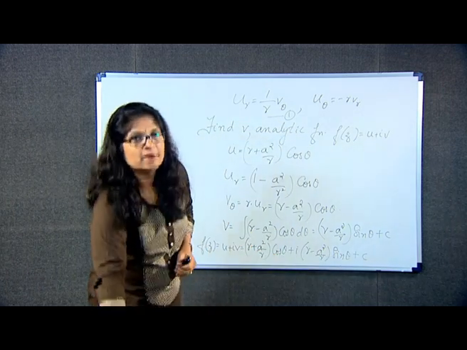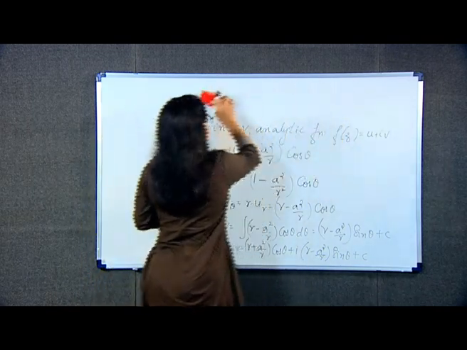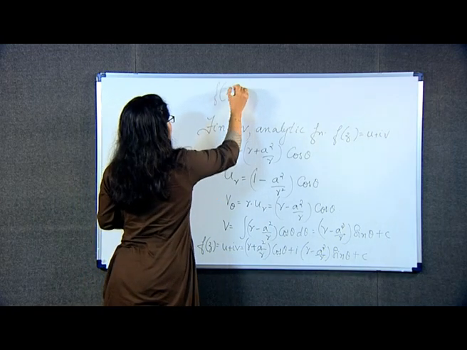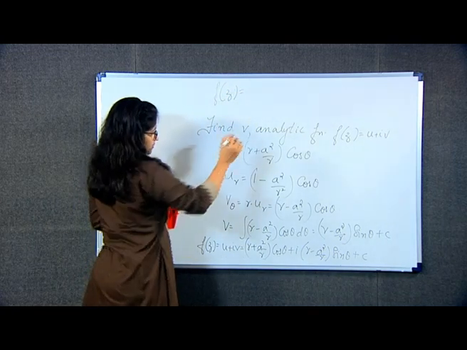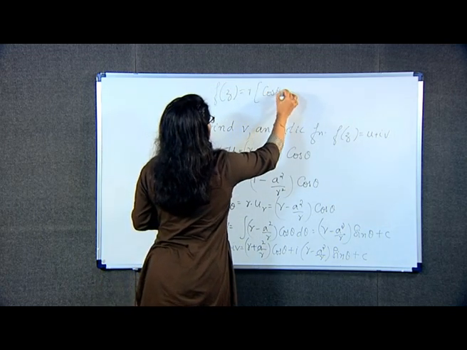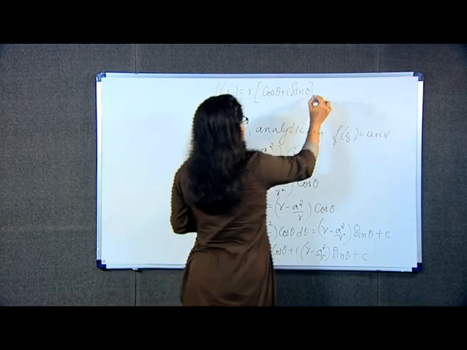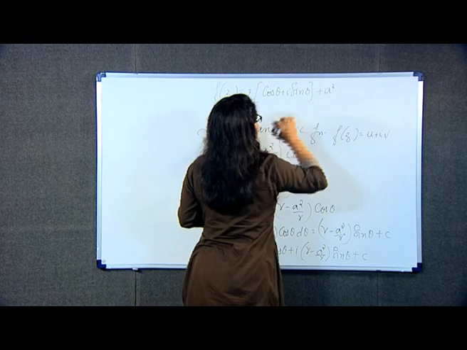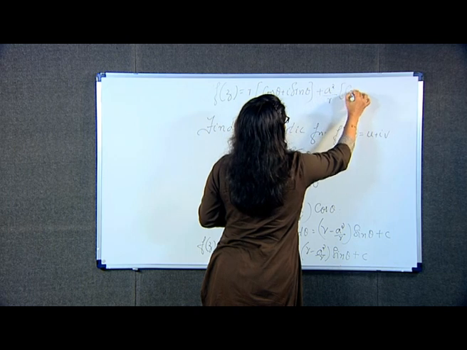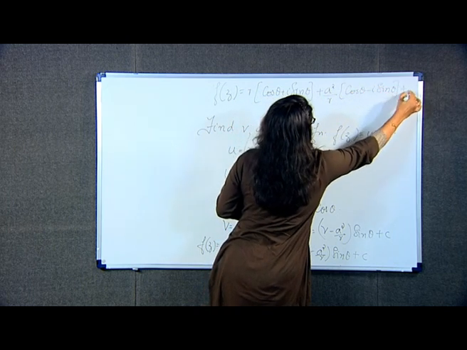If I combine those terms to get back my expression of f of z in z, I get f of z as r into cos theta plus i sin theta, plus a square by r into cos theta minus i sin theta, plus c.